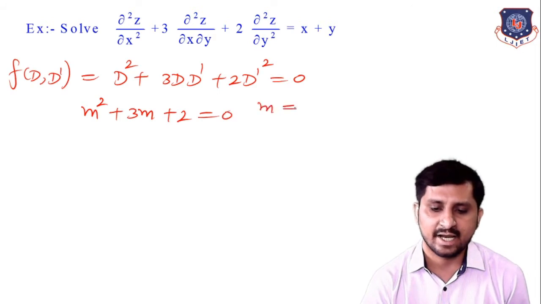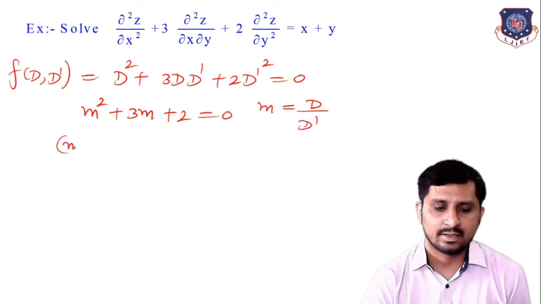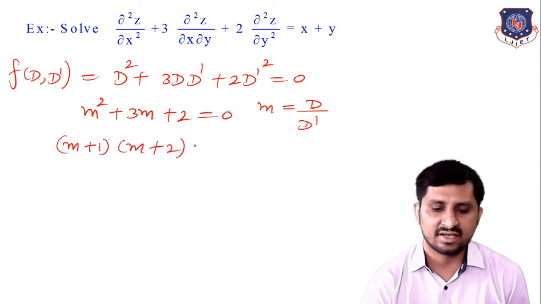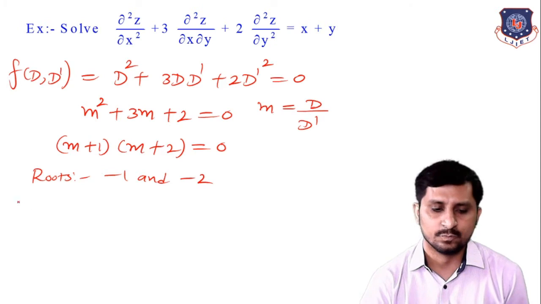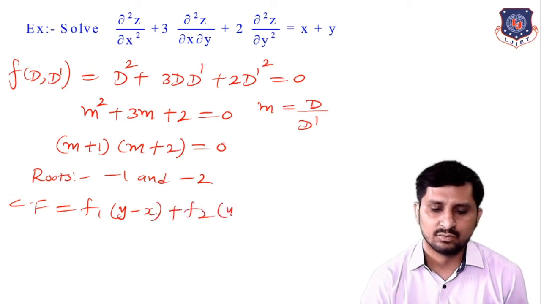Don't forget to write m is nothing but D by D dash. This can be written as m plus 1 into m plus 2, the factorization of this second degree polynomial, and the roots are minus 1 and minus 2. So the complementary function is f1 of y minus x plus f2 of y minus 2x.